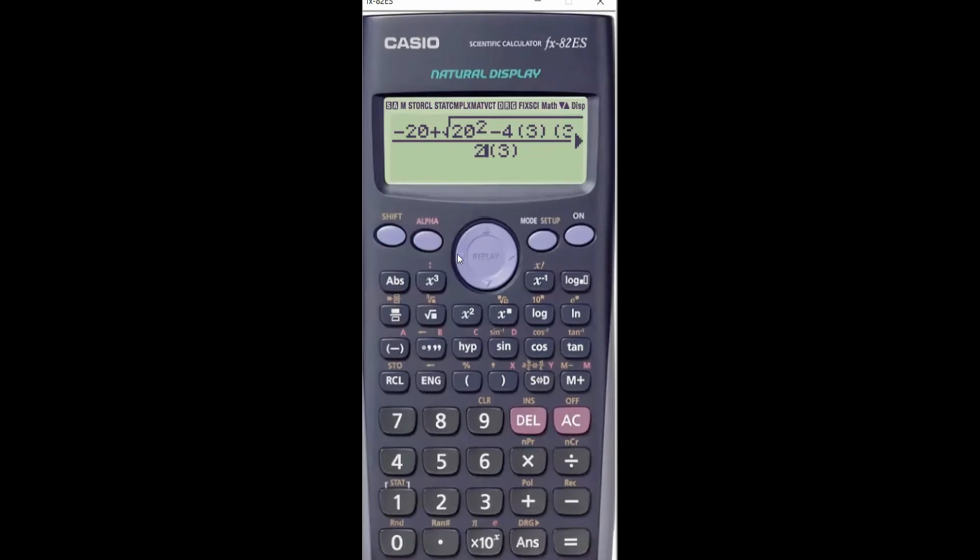What's the other value for p? The other value for p is when we change this to a minus sign. So p is negative 3 and p is negative 11 over 3.